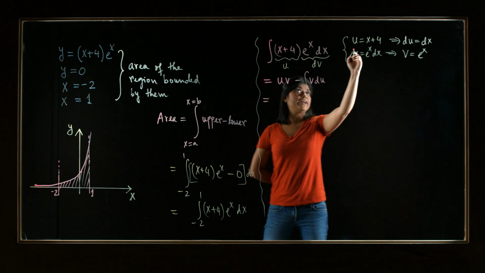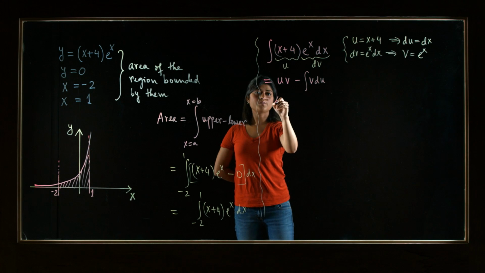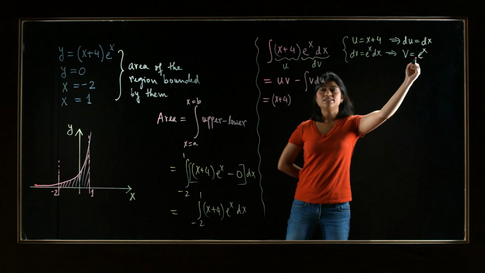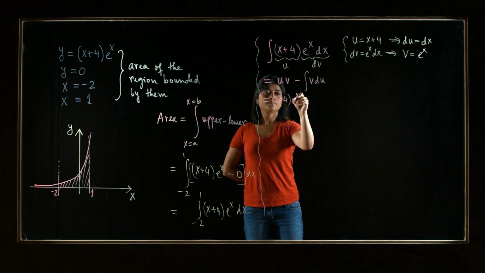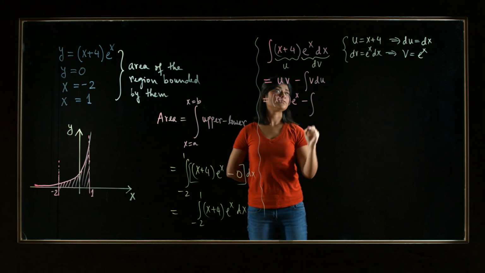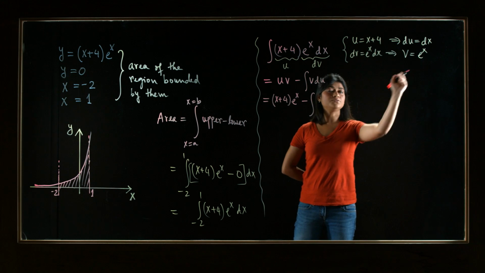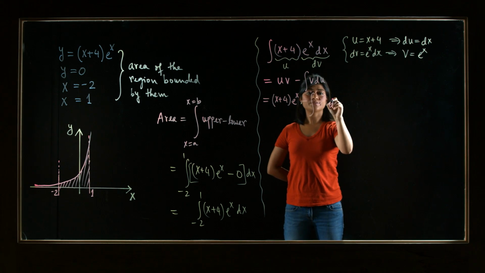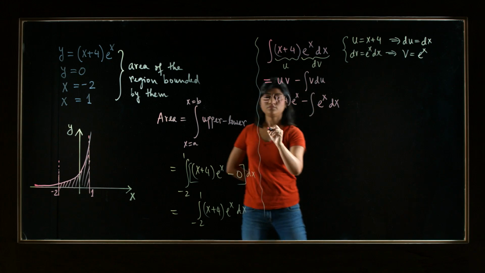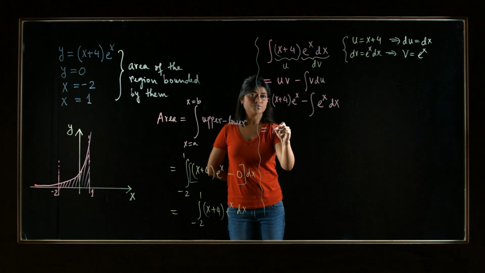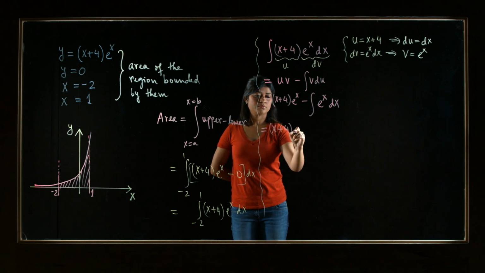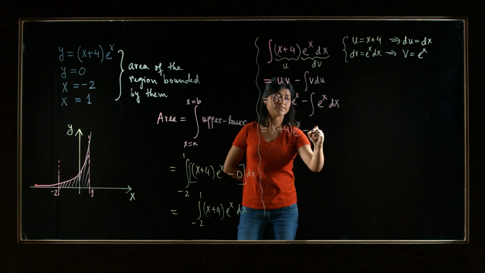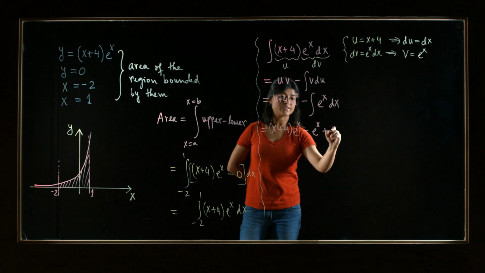Let's rewrite everything. So u is x plus 4, v is e to the x, minus, inside the integral we have v, which is e to the x, and du is just dx. So this is equal to the integral of e to the x, which is just e to the x, and then plus c.